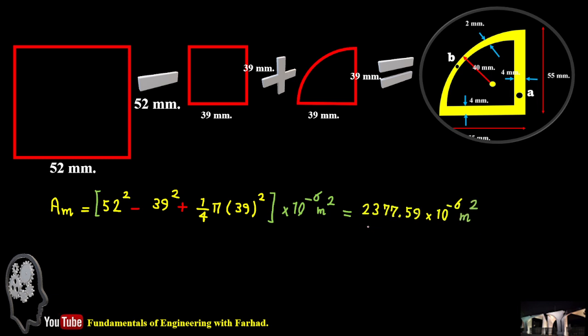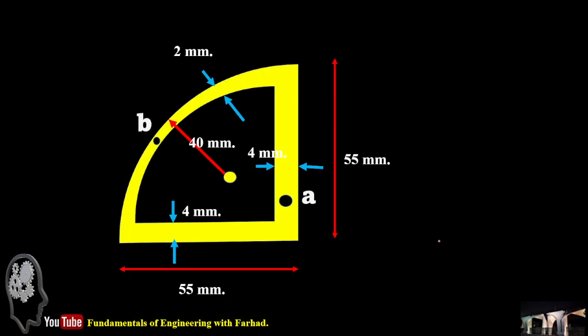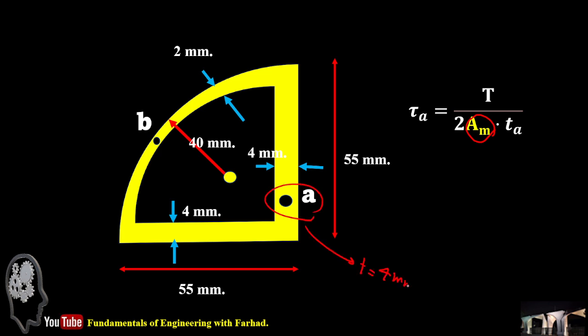If you do the math, it gives you 2377.59 times 10 to the negative 6 meters squared. As soon as we have A_m, you can jump to the main equation, but don't forget for A, use a thickness of 4 millimeters, and for B, a thickness of 2 millimeters. That's essential.